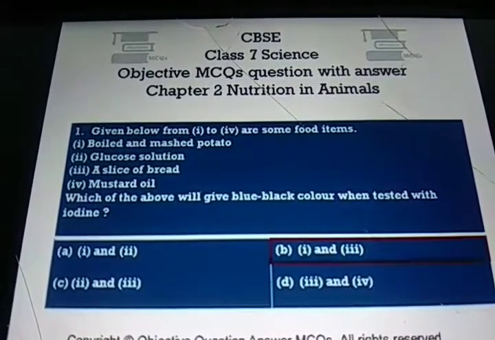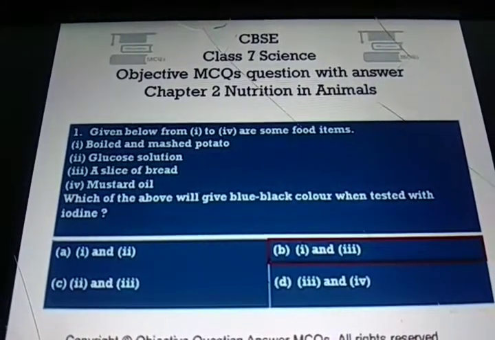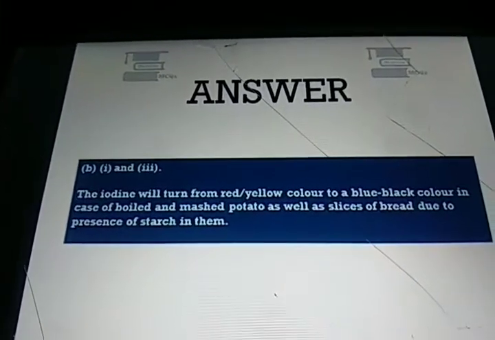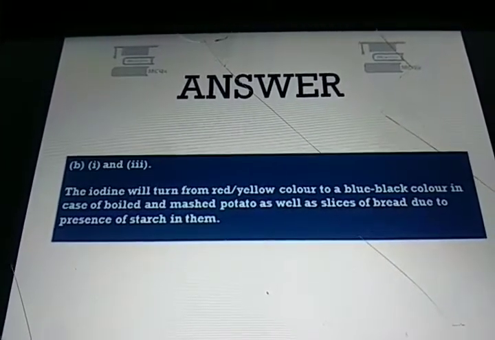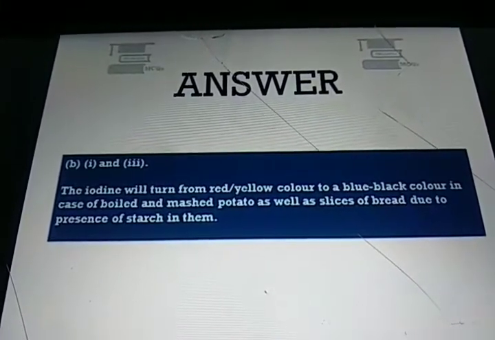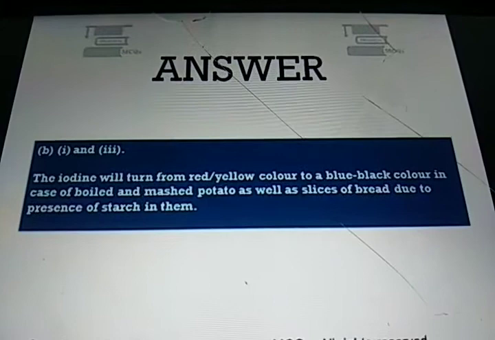And the right answer is option B, 1 and 3. So the iodine will turn from red/yellow color to a blue-black color in case of boiled and mashed potatoes as well as slices of bread due to the presence of starch in them.